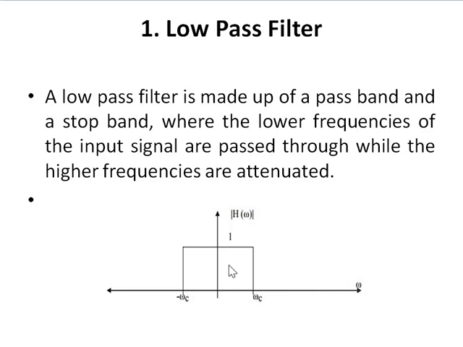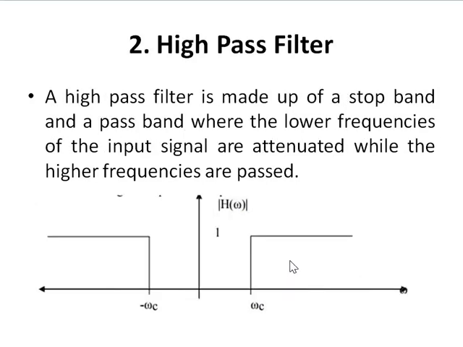So allowing the particular frequencies is called pass band. Attenuating the particular range of frequencies is called stop band. So from this we can conclude that this is the magnitude response. It passes only lower frequencies and attenuates all the other higher frequencies.